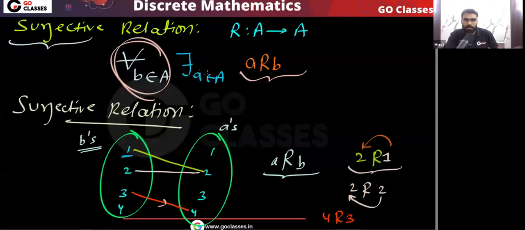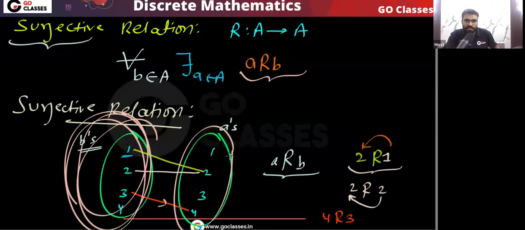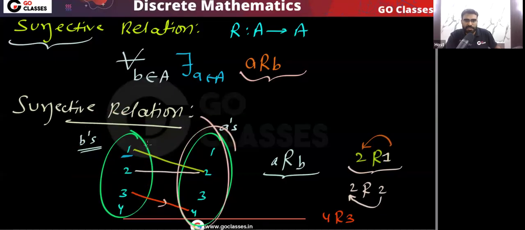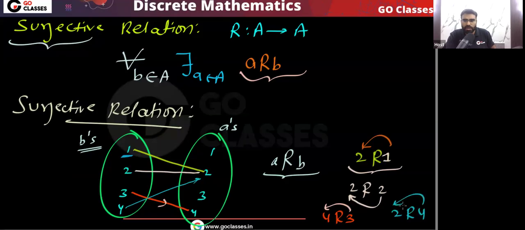We are saying for all B, there is an A: for each of these elements, there is an element here such that this is related to this. So 4 is related to 3, which means this 3 has a pre-image. Similarly, let's assume this 4 is also mapping to 2. Now I can say that 2 is related to 4. Again, 4 has a pre-image.